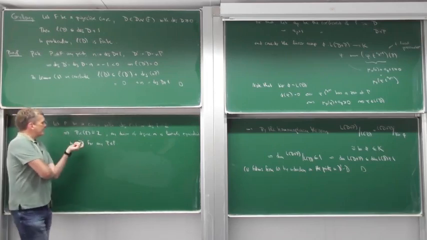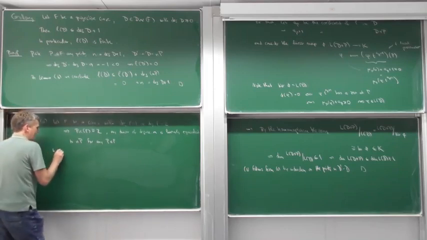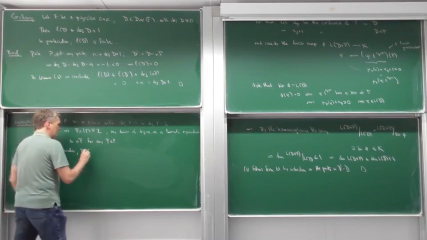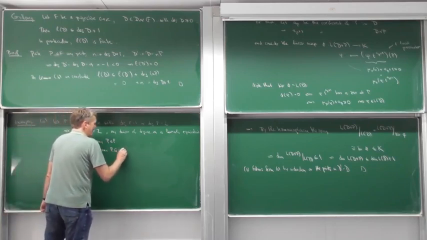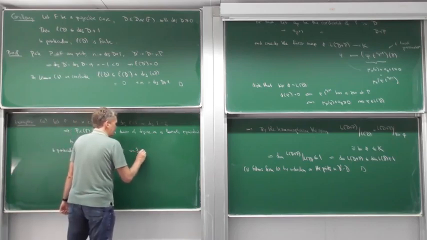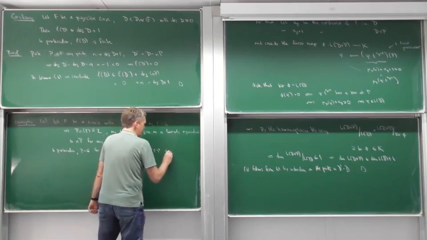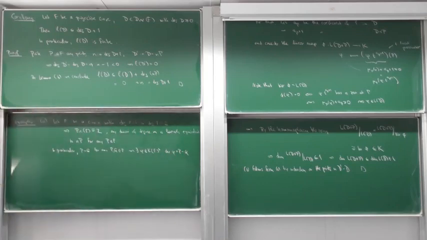In particular, that means it's pretty much the same statement that any 2 points are equivalent. So P minus Q is equivalent to 0. And in particular, P is linearly equivalent to Q for any P, Q, which means that there is a rational function phi in K(F)* such that the divisor of phi is P minus Q. Okay.